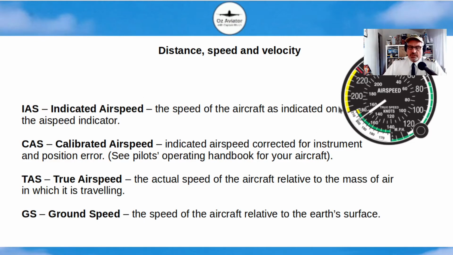But the faster aircraft go and the higher they go in the atmosphere, the true airspeed will vary. This airspeed indicator has a little knob on it for calibrating the airspeed indicator for temperature and air pressure, and it will then give a true airspeed of the aircraft.